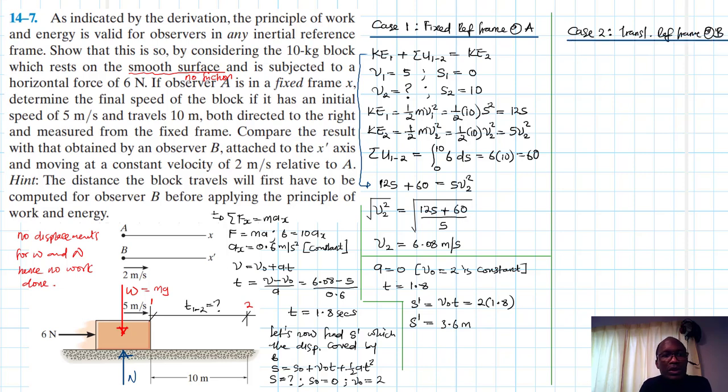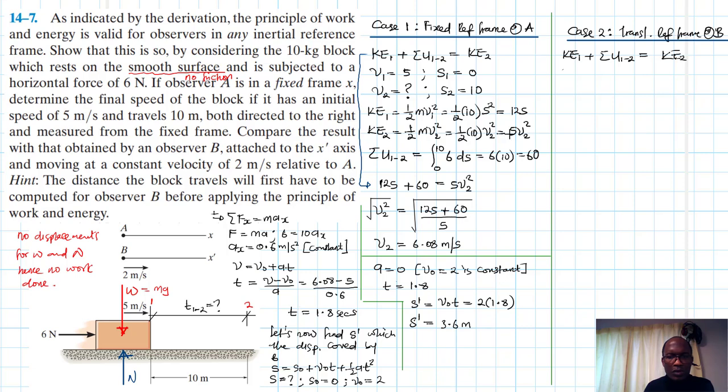So using the same concept of work and energy, we have K1 plus the summation of the total work done, which is equal to the final kinetic energy. Our V1 here is going to be the relative velocity of the block with respect to B, and this is just equal to 5 minus 2, which is equal to 3.